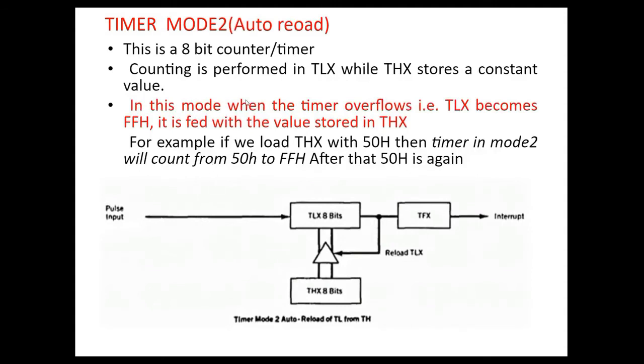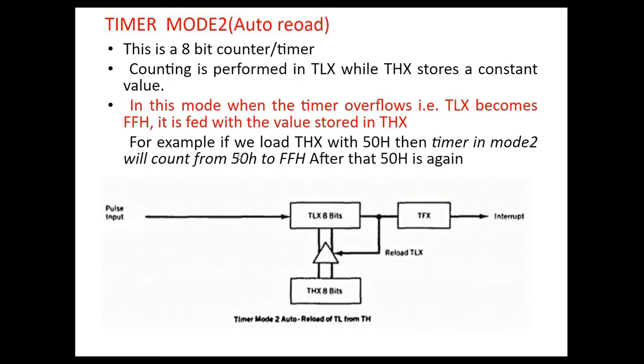Next is timer mode 2, and this is the easiest one and the most useful one among all the modes. This is an 8-bit timer. Counting is performed in TLX while THX stores a constant value. In this mode, whenever the timer overflows, that is TLX becomes FFH, it is fed with the value stored in THX.